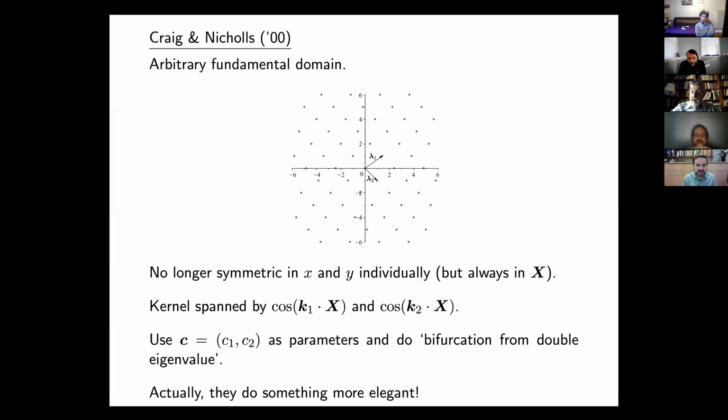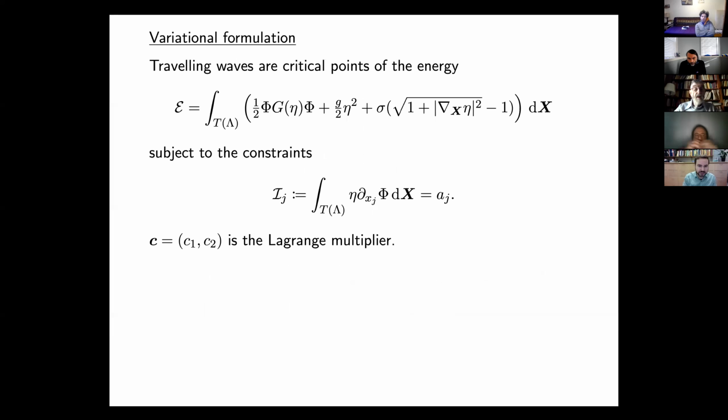So actually this is not quite what Craig and Nicholls did. They did something more elaborate, namely they used a variational formulation of the problem. It turns out that traveling waves are critical points of the energy, subject to 2 constraints. You constrain the horizontal momentum, and there are two components of the horizontal momentum, one in the x direction and one in the y direction.